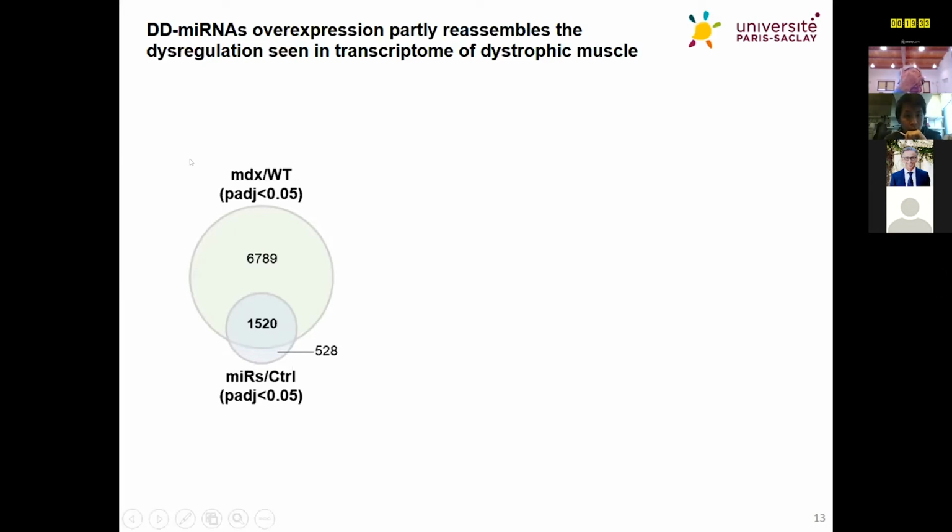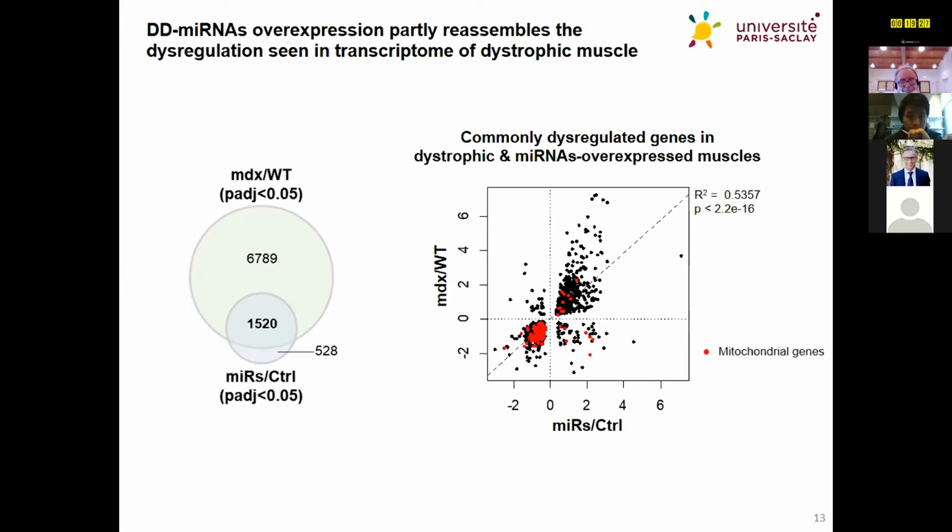So when we plot the 1,500 commonly dysregulated genes in the two conditions, it gives a very high correlation between the two data sets. It also appeared to us that many mitochondria genes are downregulated in both conditions.